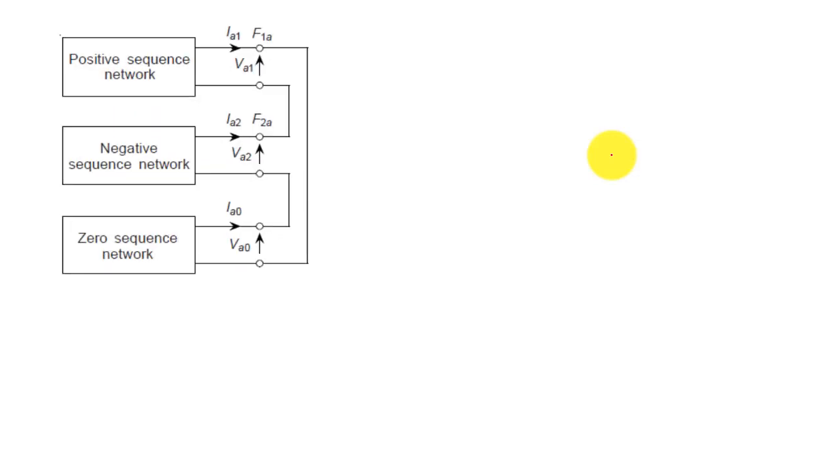It is just a series connection of the positive sequence network, negative sequence network and zero sequence network. Already we have discussed this in previous classes during the fault analysis, that in case of single phase fault, the sequence networks will be connected in series.